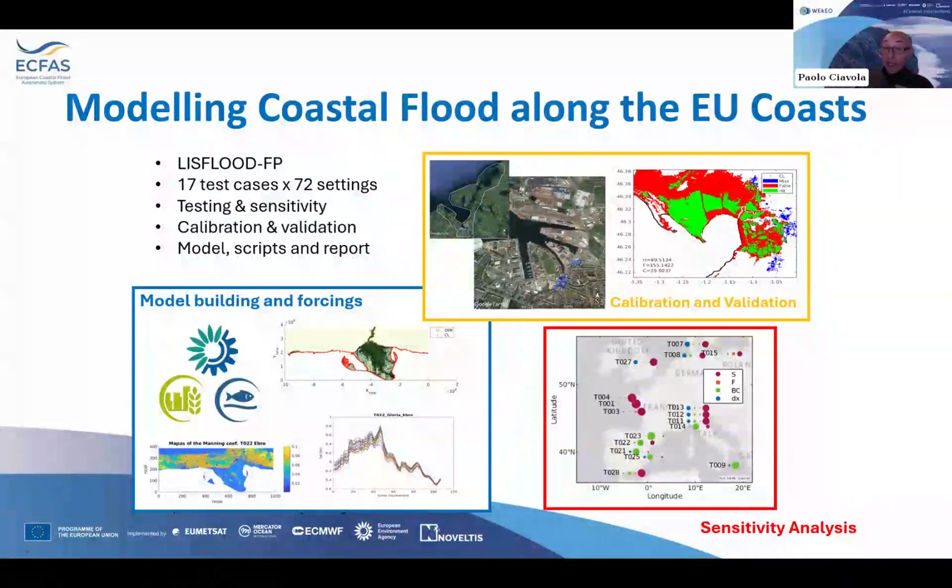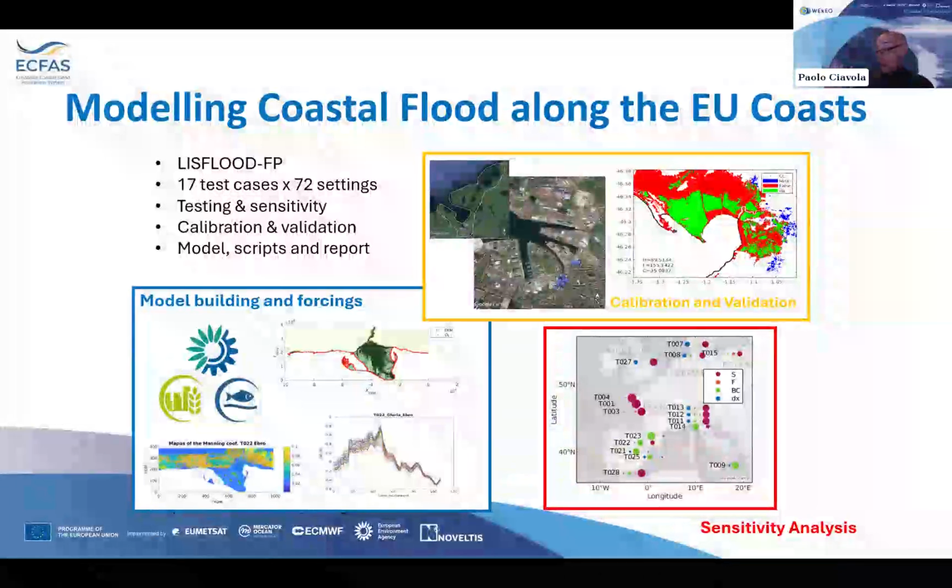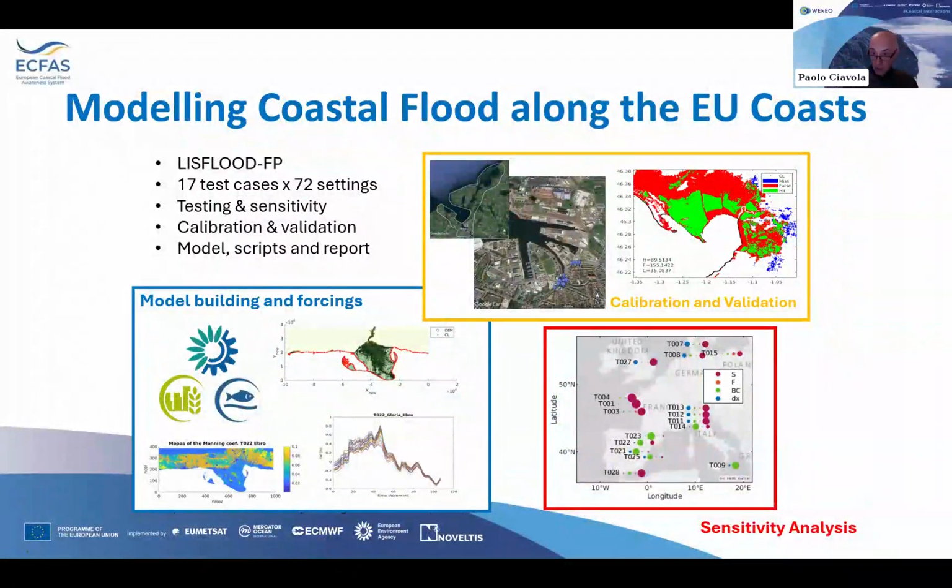Then we have to calibrate against observations. There are observations from satellite imagery and Copernicus Emergency Management Service activations, but we also built a historical database of floods using any sort of information, including local observations and citizen science observations too.